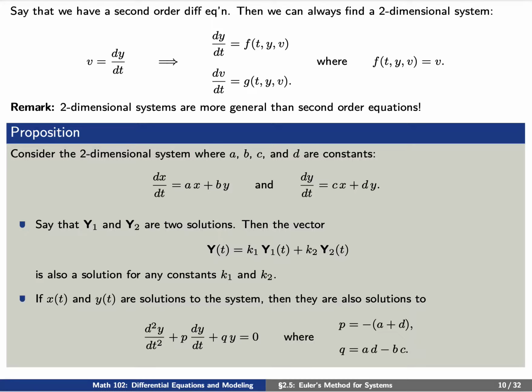Let's say that x of t and y of t are solutions to this system of equations. Then we also have solutions to a second order equation. That is d squared y dt squared plus p times dy/dt plus q times y equals 0, where p is that constant equal to negative a plus d, and q is that constant equal to ad minus bc.